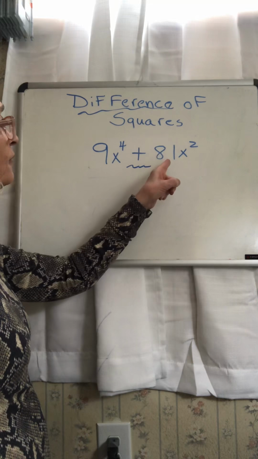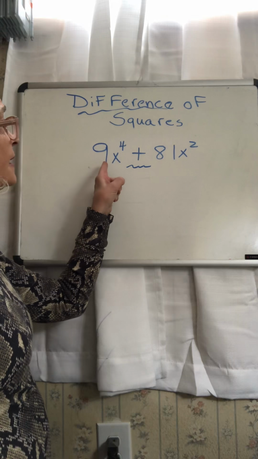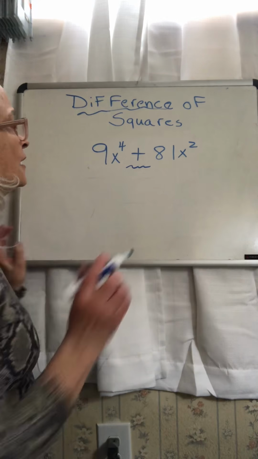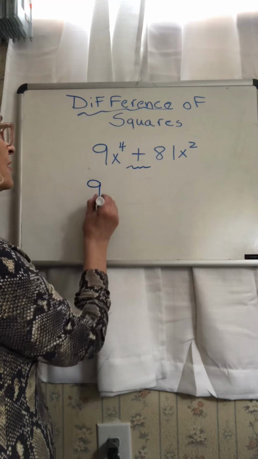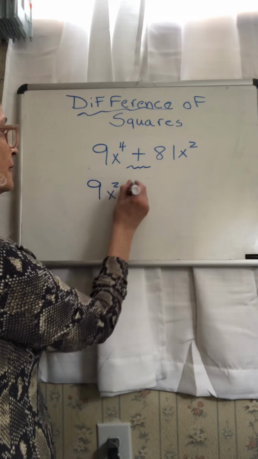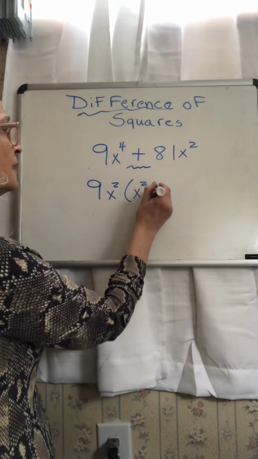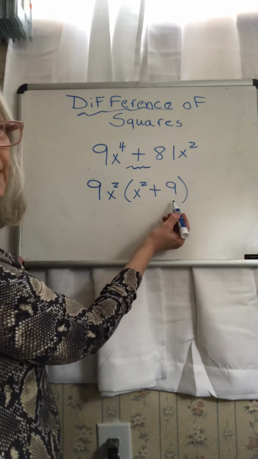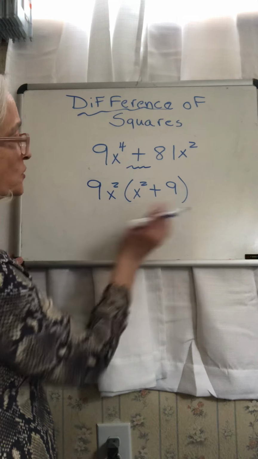We could factor this because it does have common factors of 9 and x's, so you could factor it. You could factor out 9x squared, then you would have x squared plus 9. That's still not a perfect square though, and so that would be as far as we could factor it.